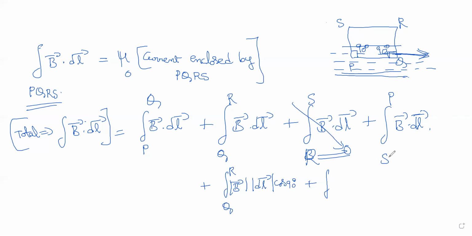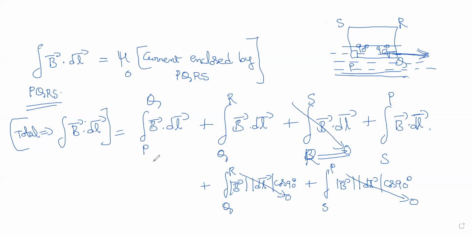Now SP, you see SP is also 90 degrees. So again mod B bar, mod dl bar, cos 90. So this portion is also 0, cos 90 is 0.